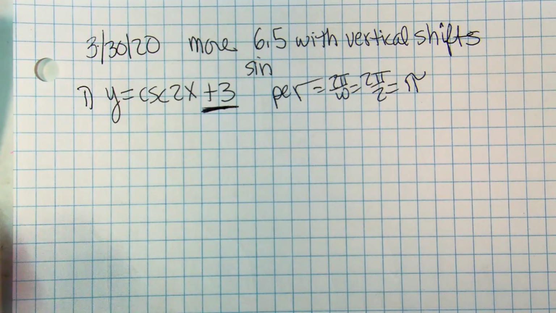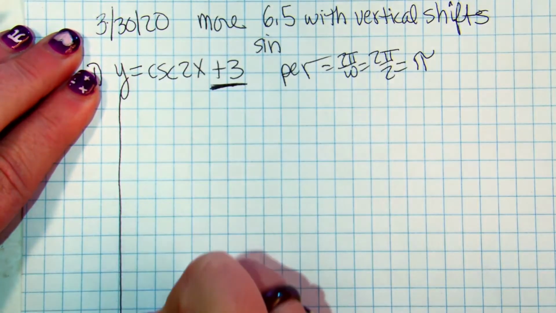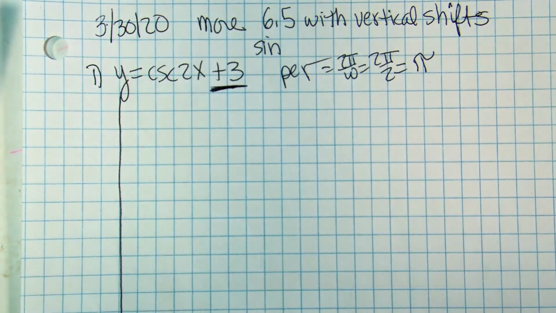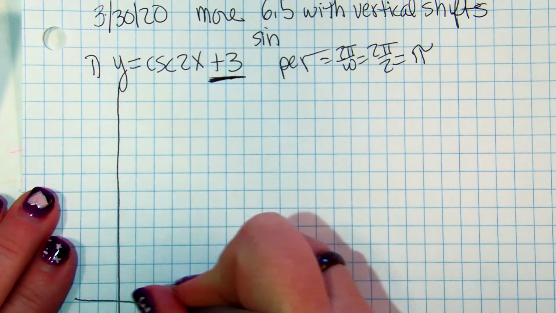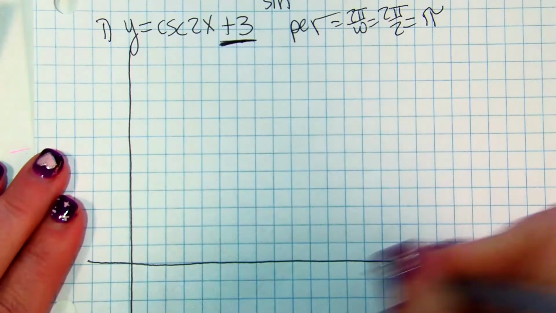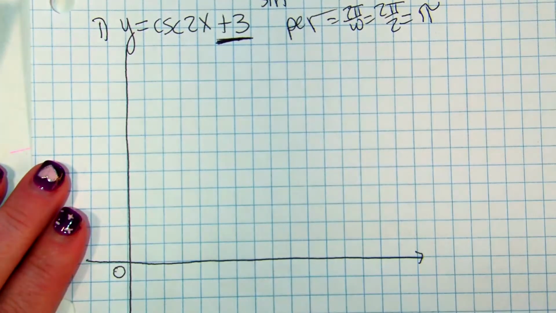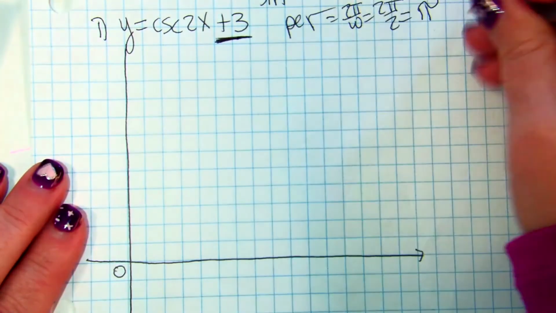So we need to make our graph a lot taller than normal. So I'm going to start down here and put my x-axis down here, the 0. And then this is the way I do it. We're moving up 3, okay?